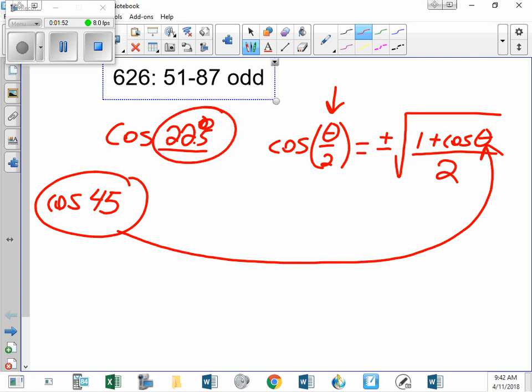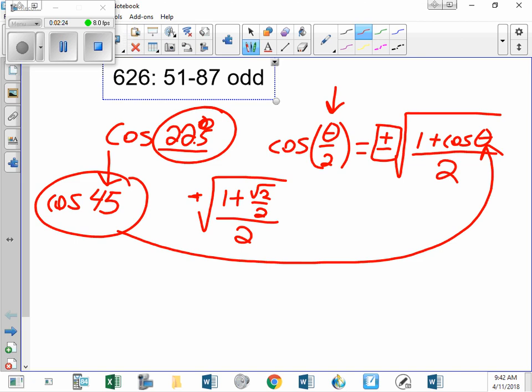Which quadrant does that lie in? 1. And the cosine in quadrant 1 is positive. So over here we have to choose between positive or negative. We choose positive. So this will be the positive square root of 1 plus, what is the cosine of 45? Root 2 over 2. Root 2 over 2, divided by 2.